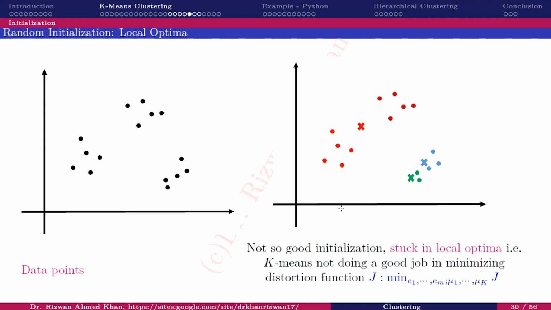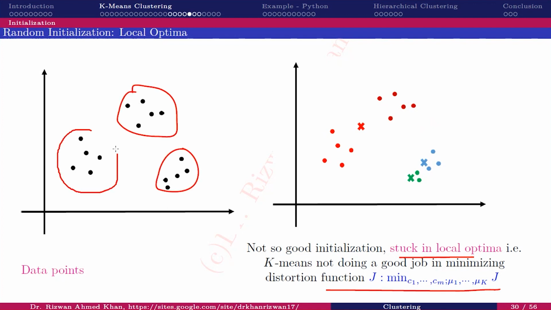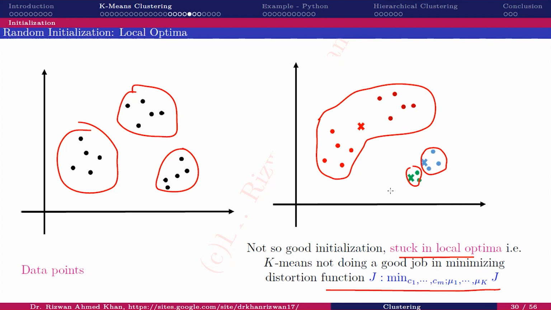But because of bad luck, if you do not initialize it correctly, the solution can get stuck at local minima. So our distortion function is actually not at the global minimum. Instead of getting the right three clusters, which were like this, now we have got one big elongated cluster and two clusters squashed together, which are mixed together.